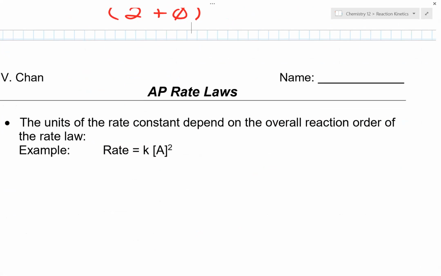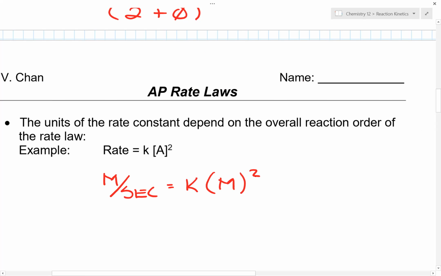The units of the rate constant depend on the overall reaction order of the rate law. For example, let's say rate equals k[A]^2. Remember, rate is in molarity per second, equal to k times molarity squared. So k would be equal to molarity per second all over molarity squared.